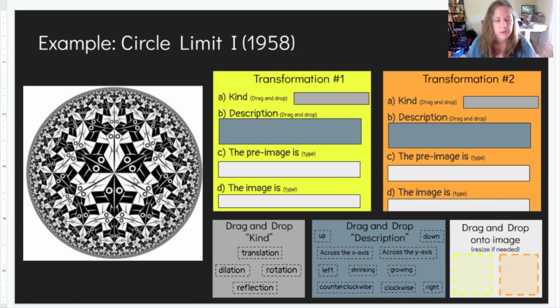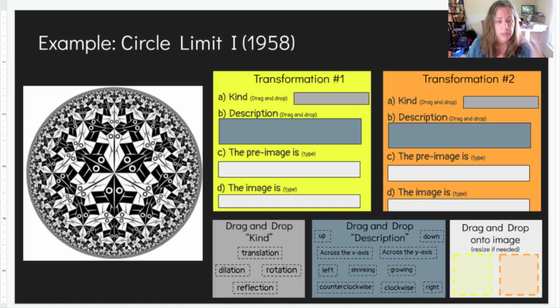When you look at the artwork, you're going to look for different transformations. We have 4 kinds of transformations: a translation, a dilation, a rotation, and a reflection. Many of these pieces of artwork have several types of transformations in them.